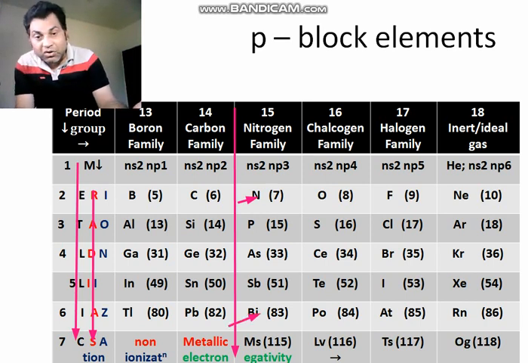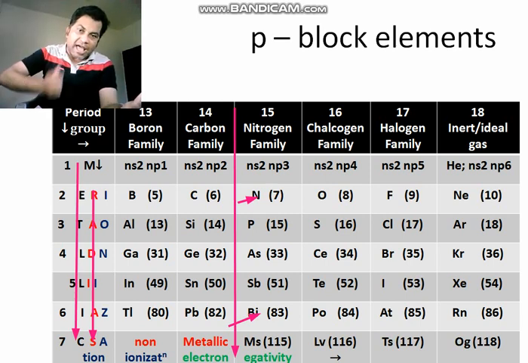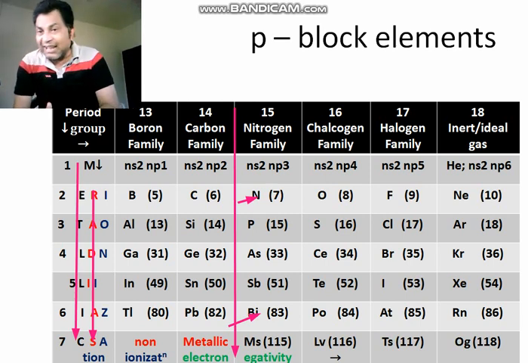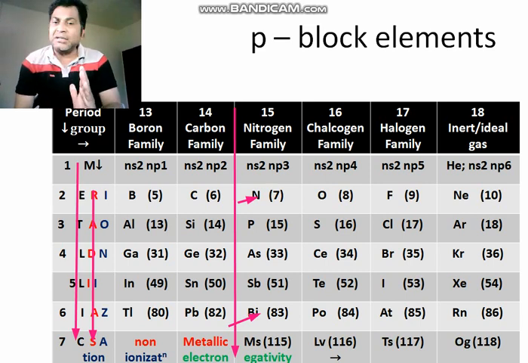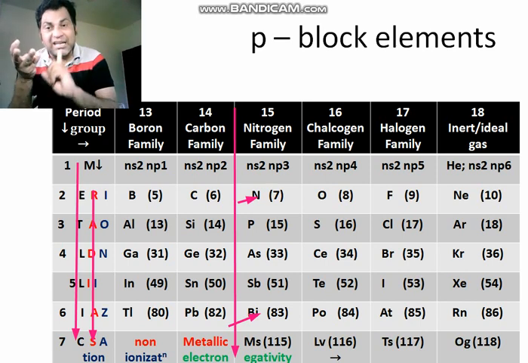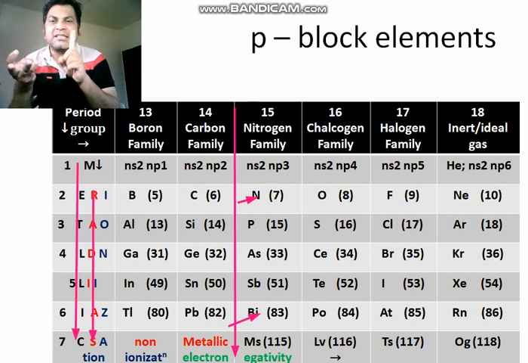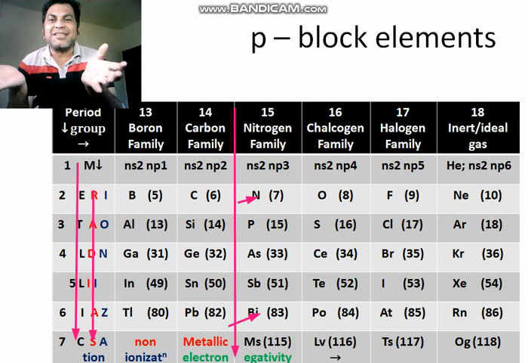So, moving in a group from top to bottom, atomic radius increases, ionic radius increases, metallic character increases, but ionization enthalpy decreases.